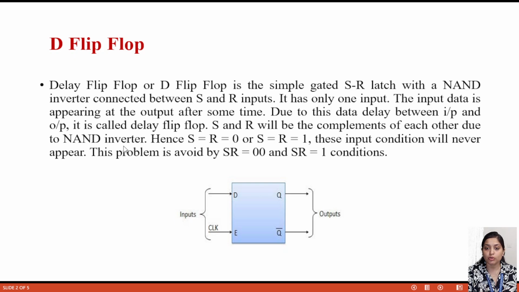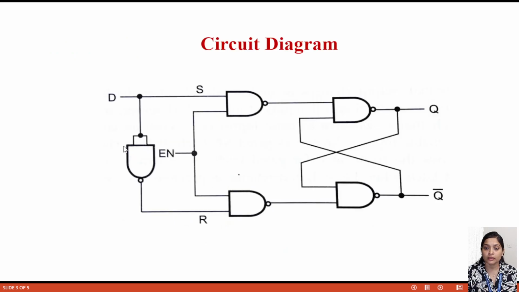This is the circuit of the D flip-flop. You can see S and R are connected by using a NOT gate, which is represented here as a NAND gate. When we give 0 as the input, that means D equals 0, then S will be 0 but R is 1.